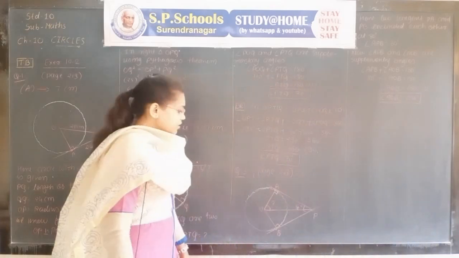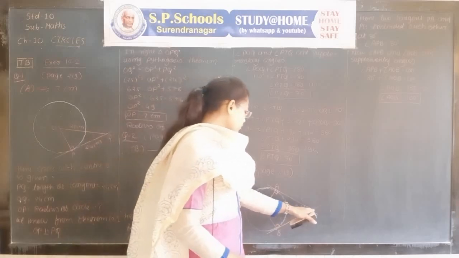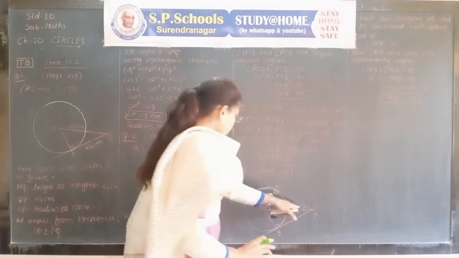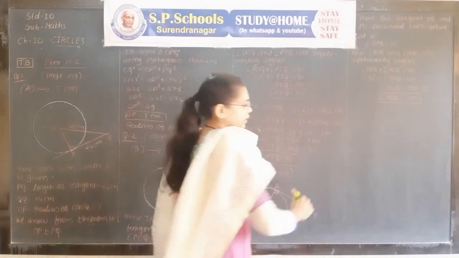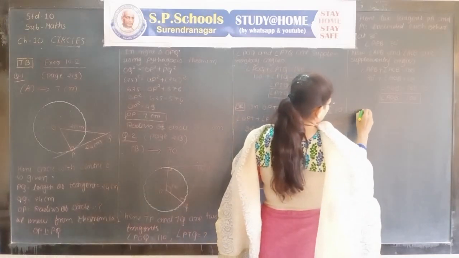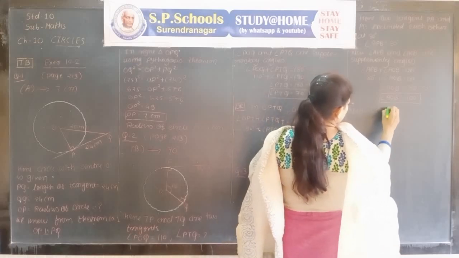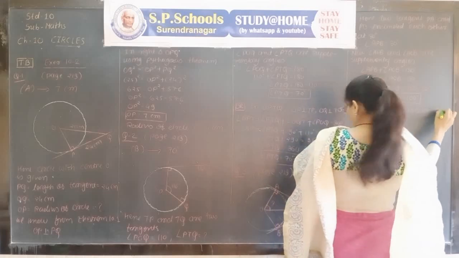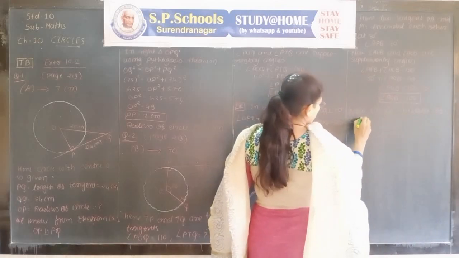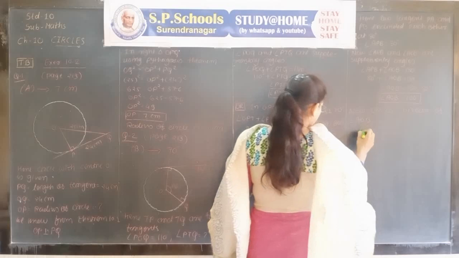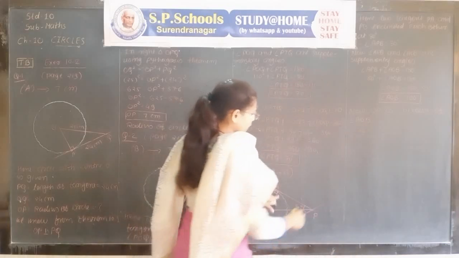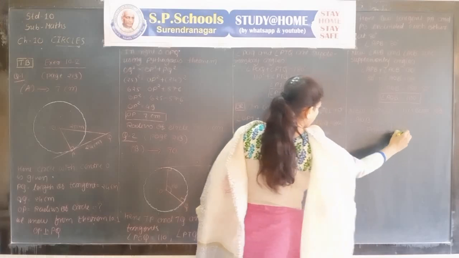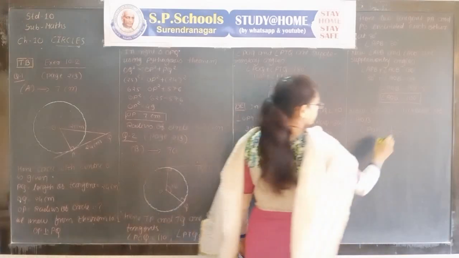Angle AOB is 100, but we want to find only POA. Now OP is a bisector of angle AOB. That's why angle POA is half of angle AOB.